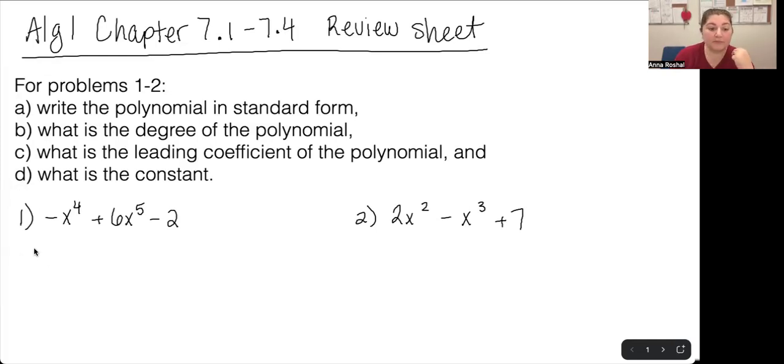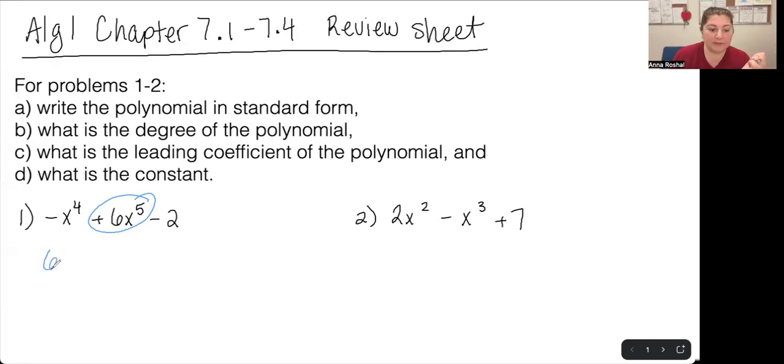So let's get started. The very first thing is when we write something in standard form, we want our leading coefficient, or our leading term, to be with the highest exponent. So in this particular case, this is my highest exponent, and I want to make sure that I include this positive in front of this term, because it shows that it's a positive 6, not a negative 6.